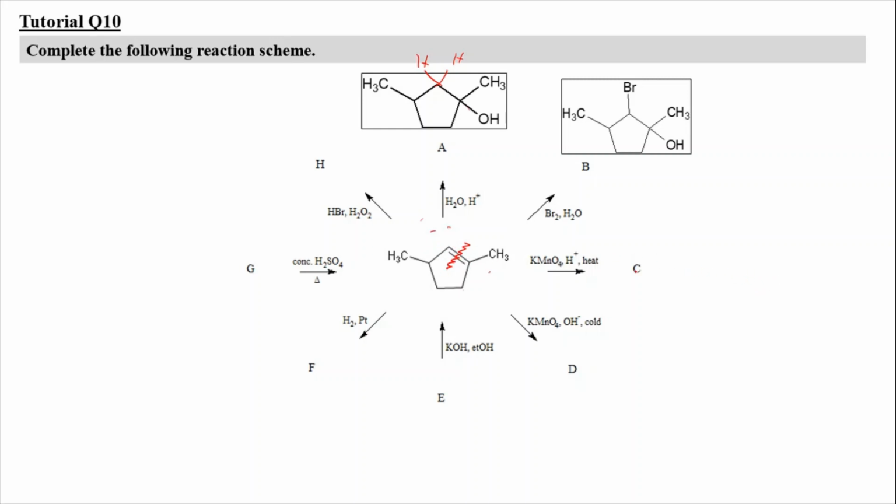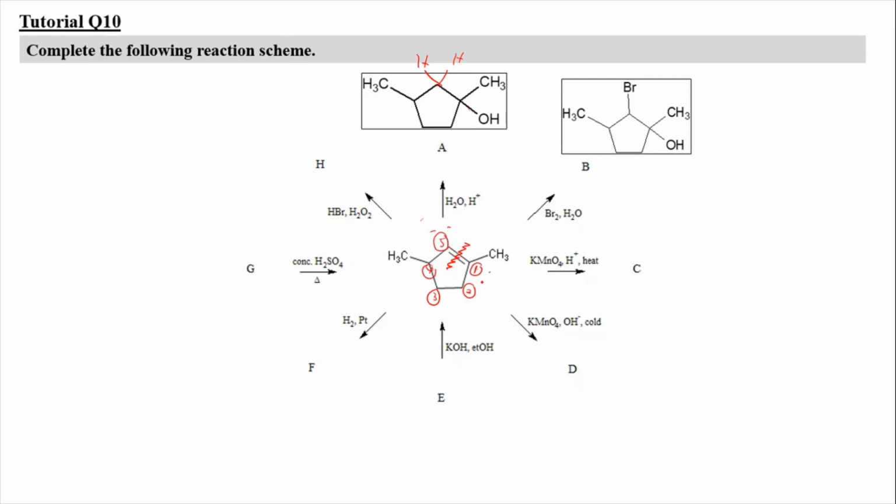When it is oxidized, it's going to form a straight chain alkene. So what we're going to do is label the carbons: carbon number 1 here, carbon number 2, carbon number 3, carbon number 4, and carbon number 5.